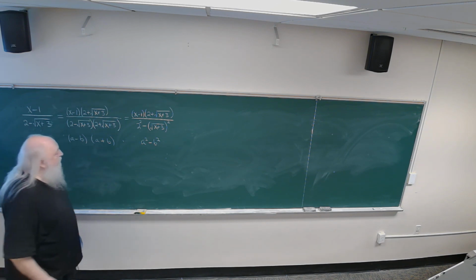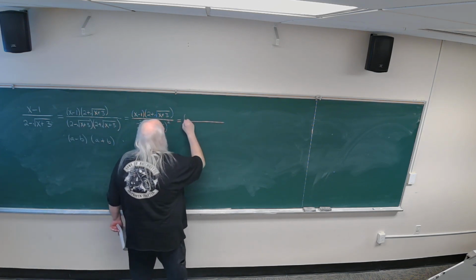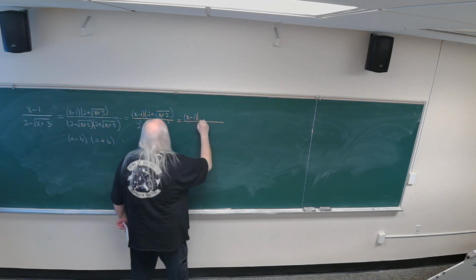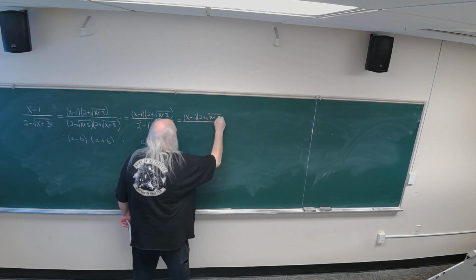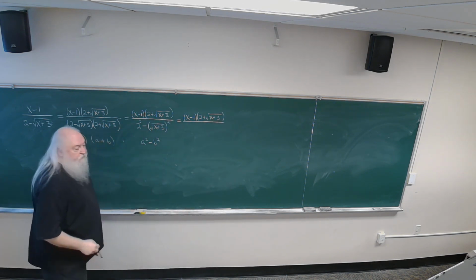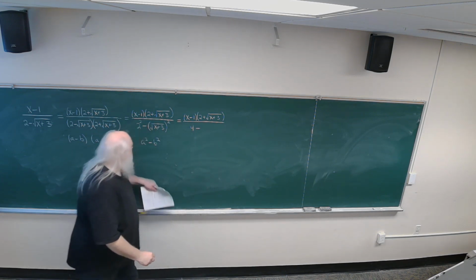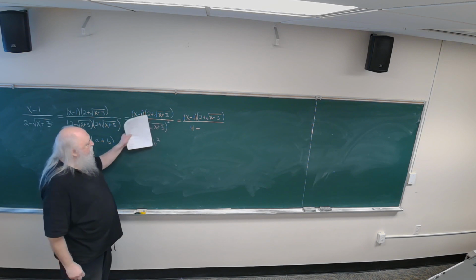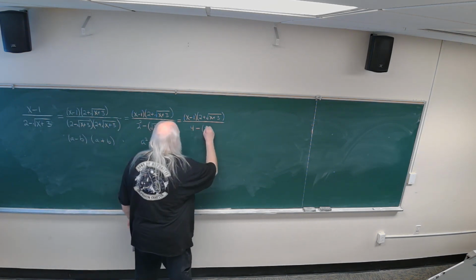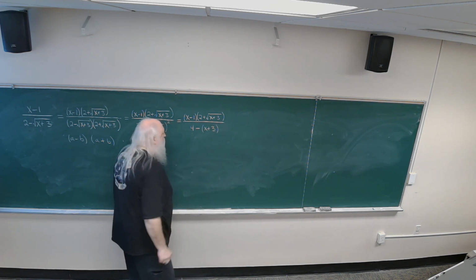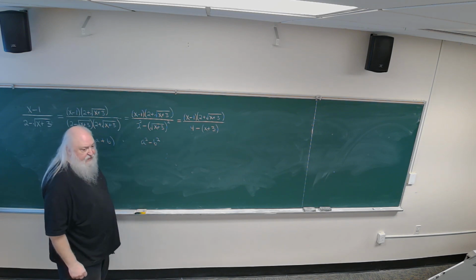So now when we simplify the denominator, 2 squared is 4, and the square root of x plus 3 squared is x plus 3. But you've got to put the x plus 3 in parentheses, because you're subtracting x plus 3 from 4, not just x.